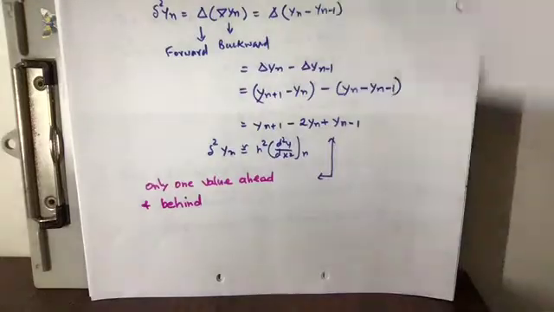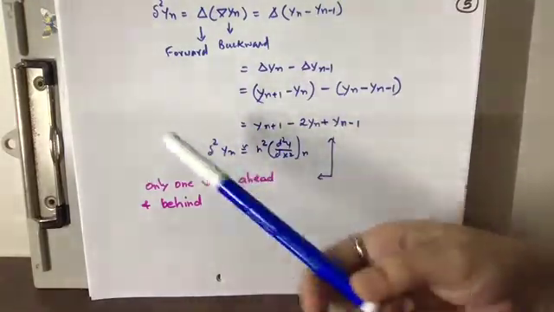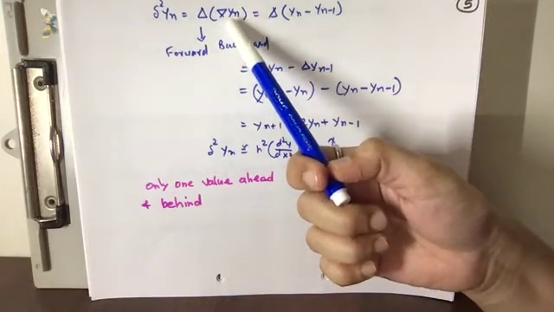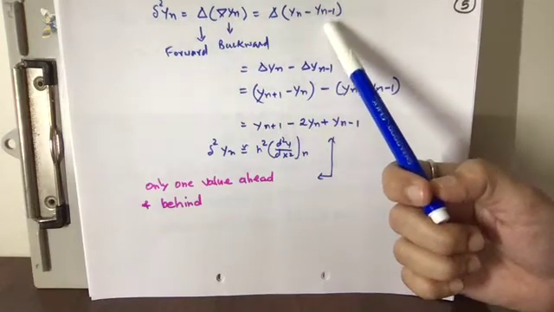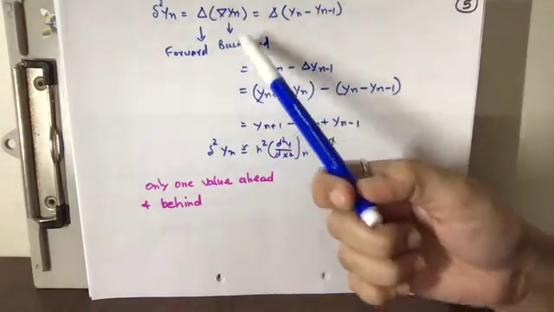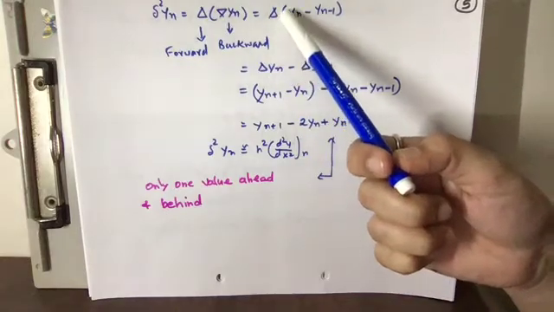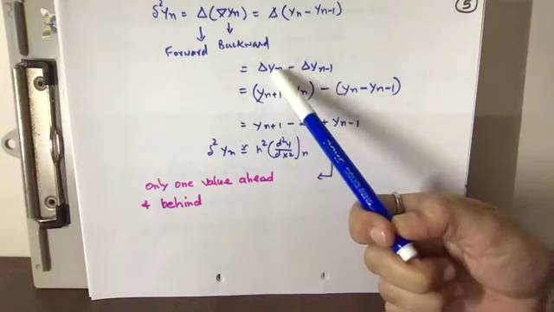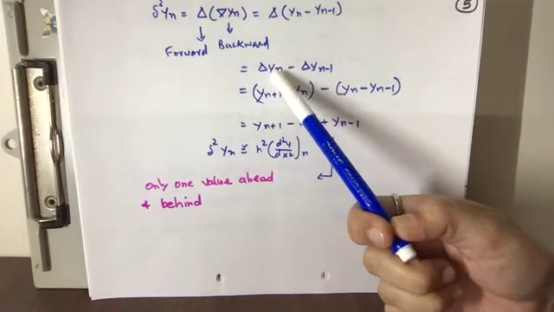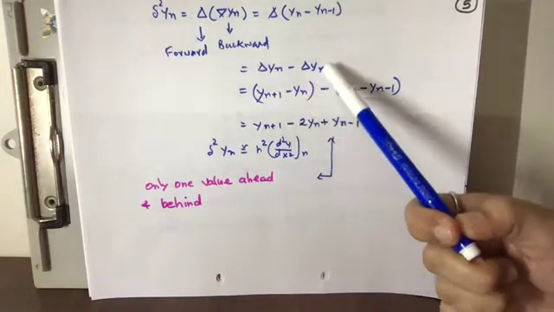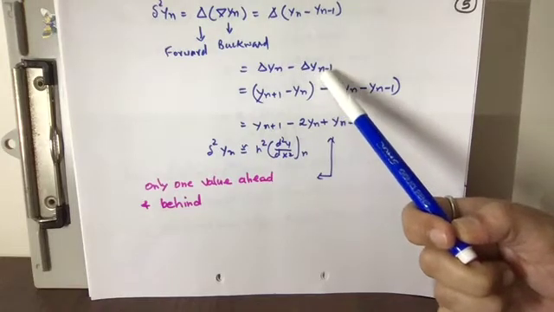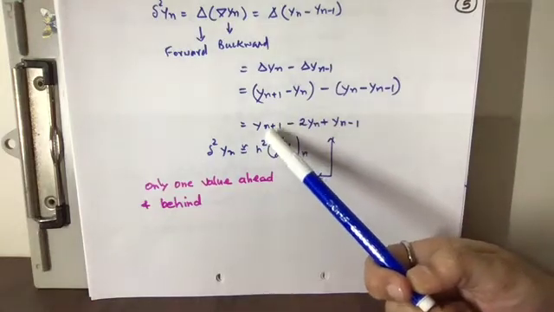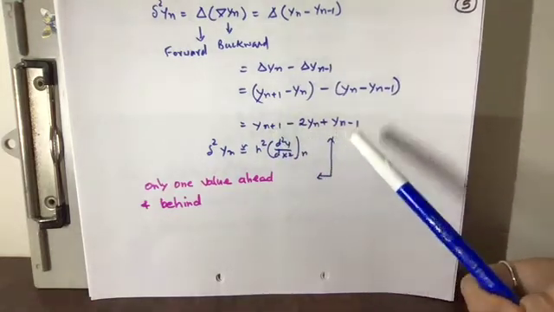Because this is the backward difference, that is y_n minus y_{n-1}, and again we are operating the forward equation on both of these values, delta y_n minus delta y_{n-1}, and you can write the forward value delta y_n as y_{n+1} minus y_n, the forward value of y_{n-1} is y_n minus y_{n-1}, and after simplification we get y_{n+1} minus 2y_n plus y_{n-1}.